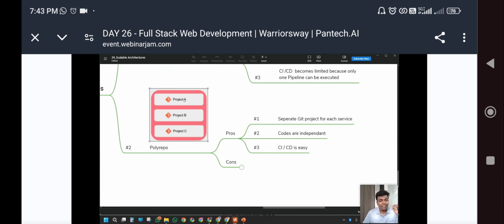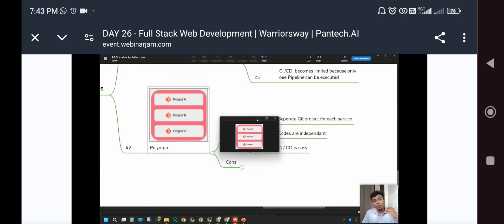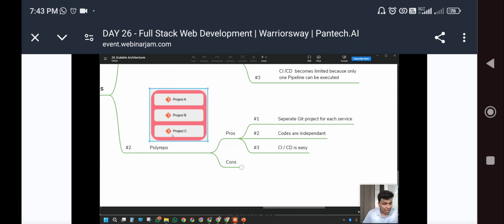So one repository for project A, which is add to cart, one repository for shipping, one repository for wishlist. Since every repository is different, we can pass each as an individual CI/CD. So everything is going to be automatically deployed and integrated.